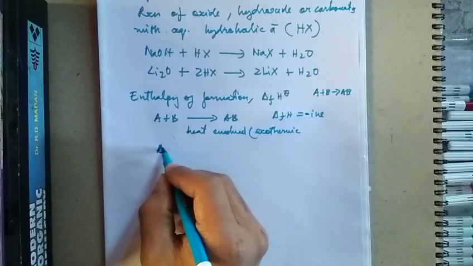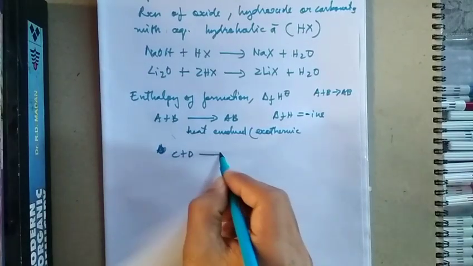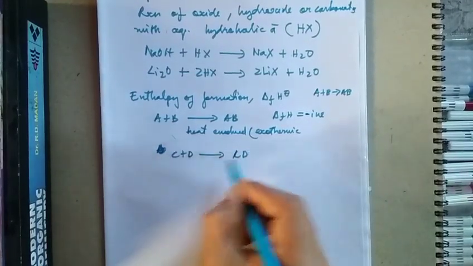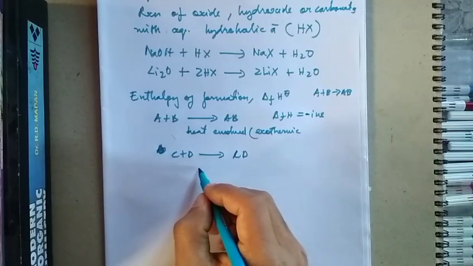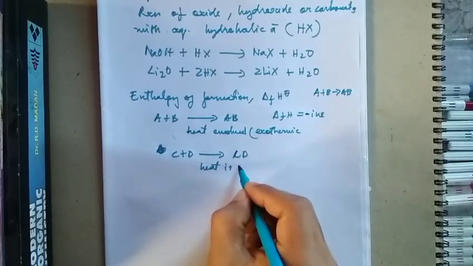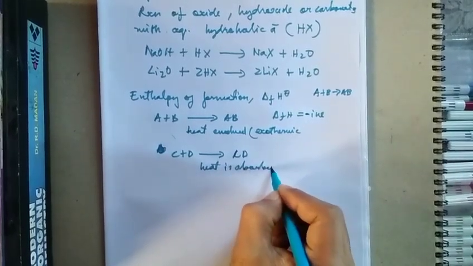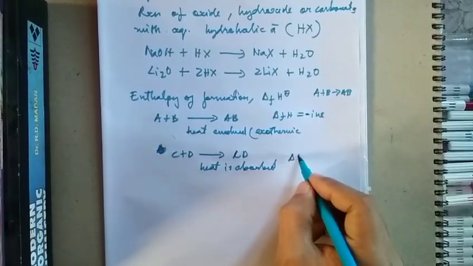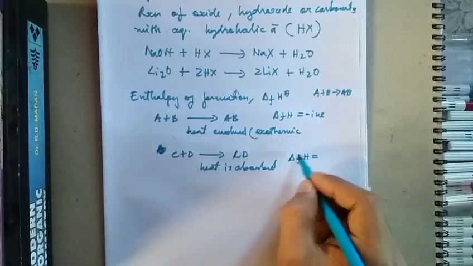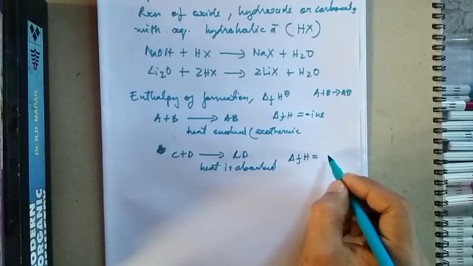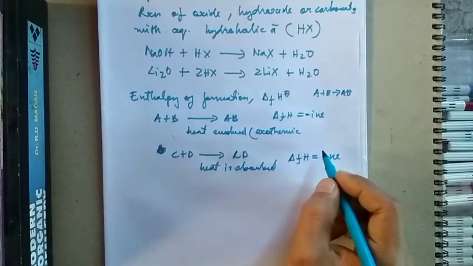And suppose C plus D gives CD and heat is absorbed. When heat is absorbed, delta HF, or enthalpy of formation, will be positive.